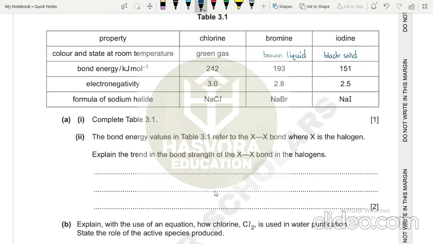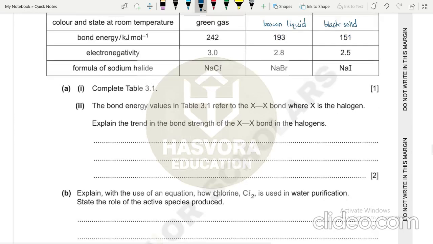So how can we explain this trend, that the bond energy is decreasing? So what we can write is that the number of electrons, or the permanent dipole or the induced dipole, do not have any relationship with the bond energy.